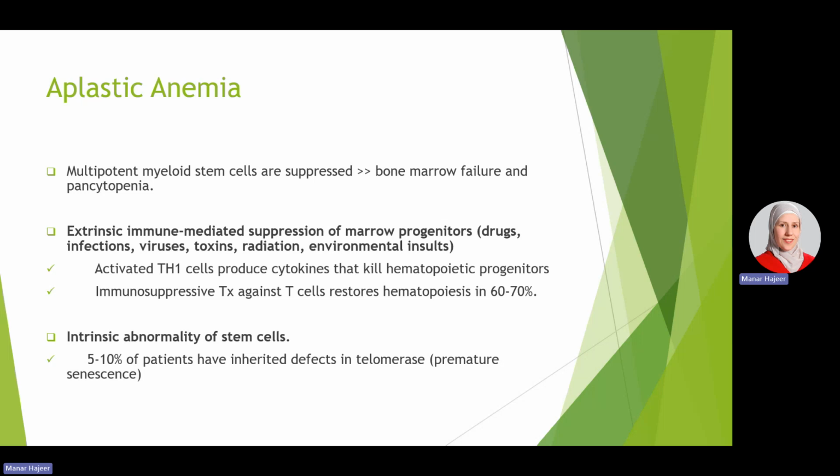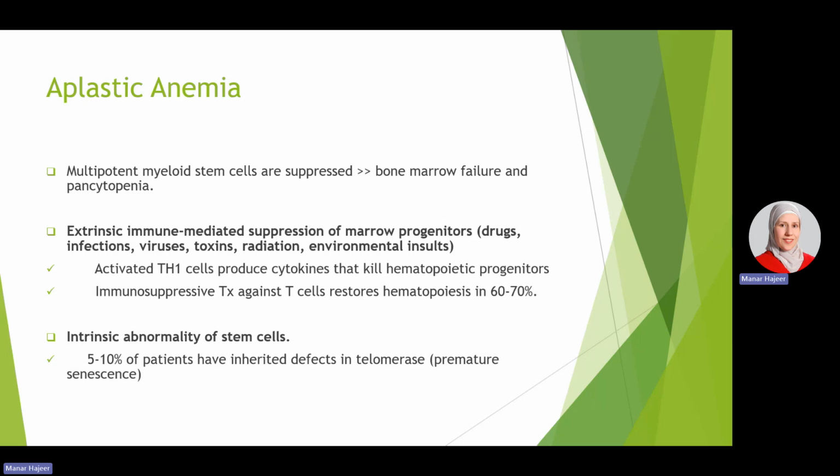Another type of anemia of decreased production is called aplastic anemia. Aplastic anemia is a damage or disease of multipotent myeloid stem cells in the bone marrow. It affects the erythroid precursors, the myeloid precursors, and the megakaryocytes.